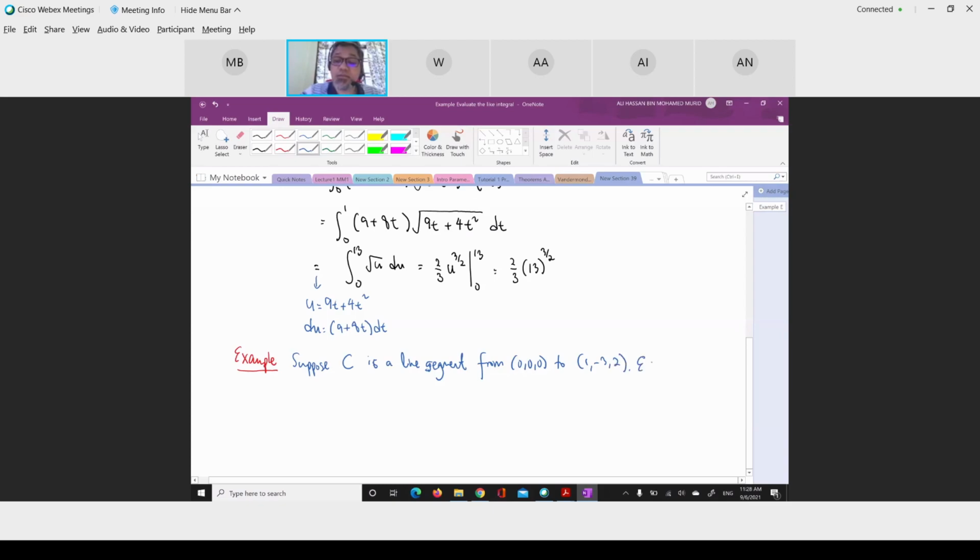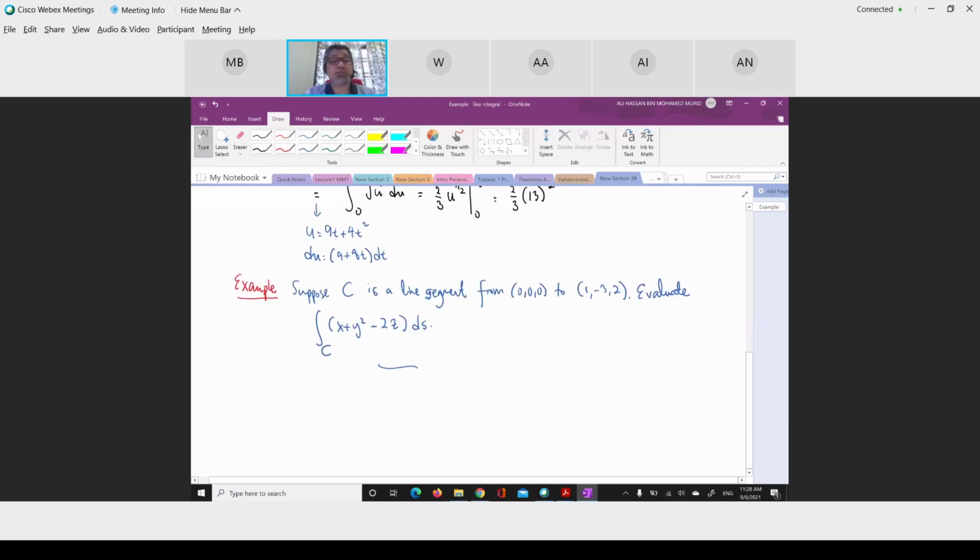We want to evaluate this line integral of x plus y squared minus 2z ds. So now we have a line integral of a function of 3 variables.